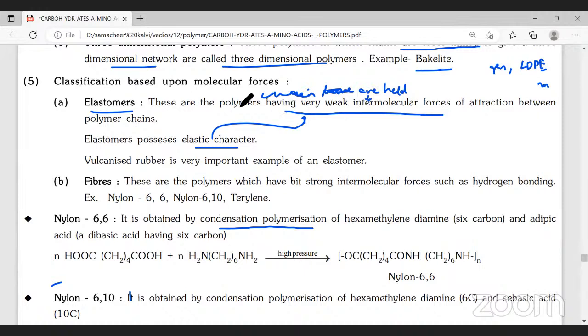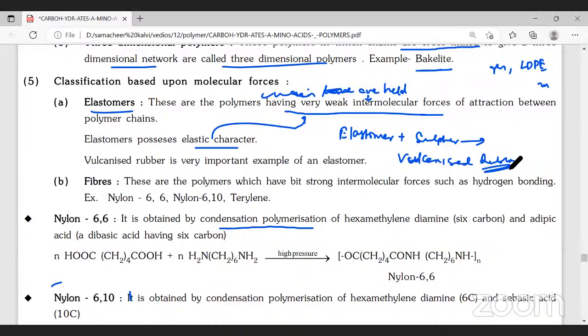Now, if rubber, an elastomer, is heated with sulfur, we get vulcanized rubber.